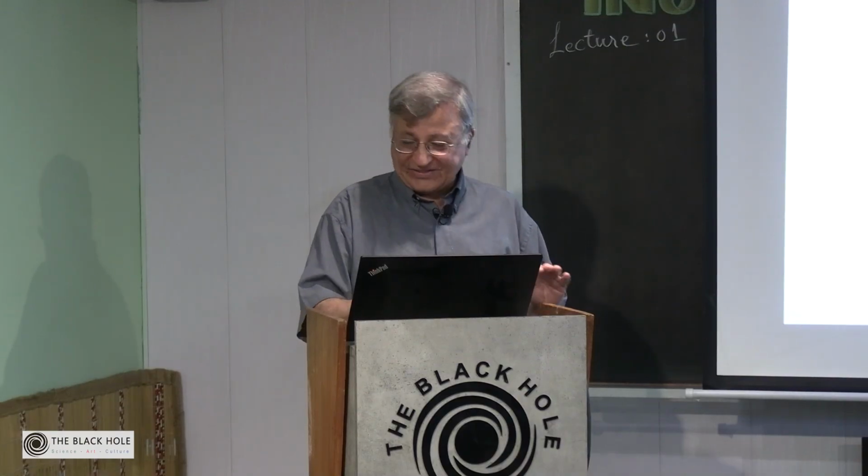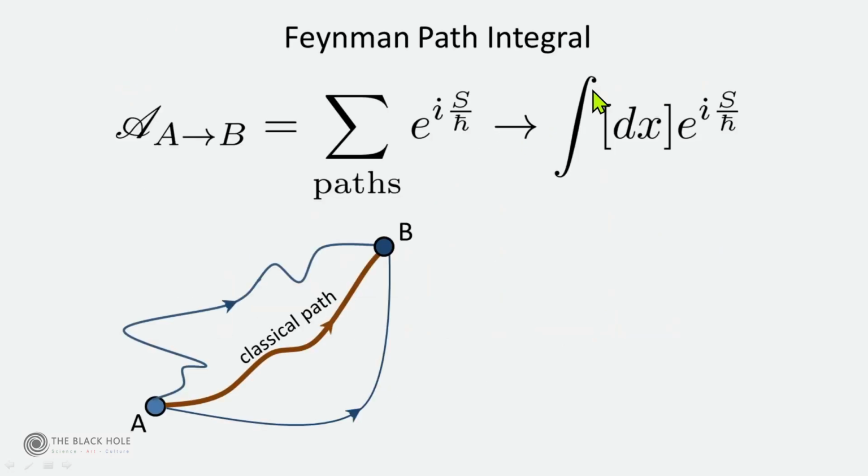A lot of ways. And this brings us to the idea of the Feynman path integral: the amplitude to go from A at a certain time to point B at another time is that you sum over this path, this path, this path, you sum over all possible paths.